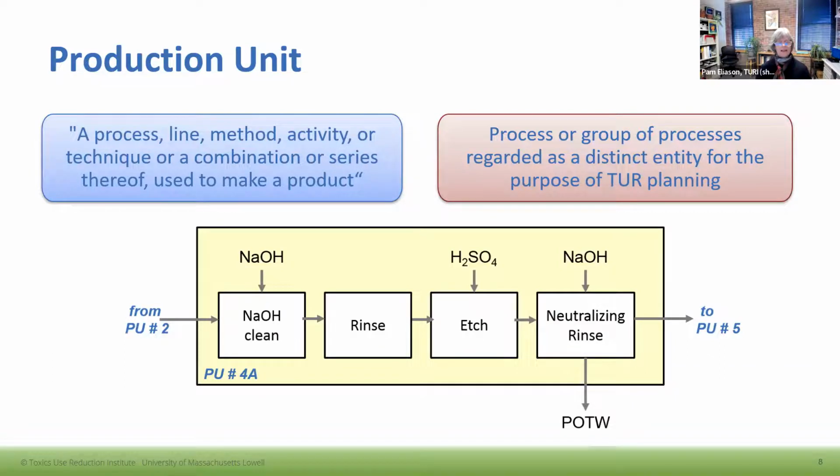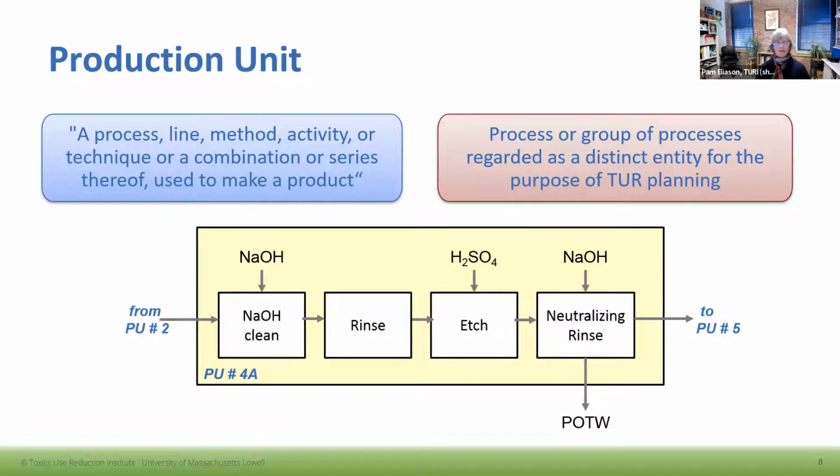You can see that it looks like there's something coming into that from a different production unit, and whatever's leaving this production unit goes on to another. You can see that there are chemicals being added to certain blocks, certain aspects of the process, and you can see some release.